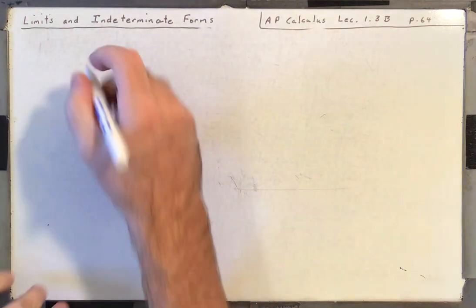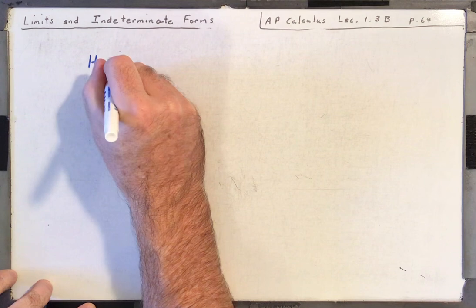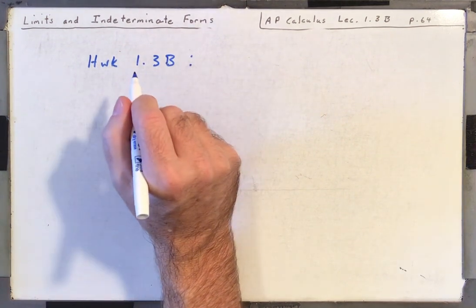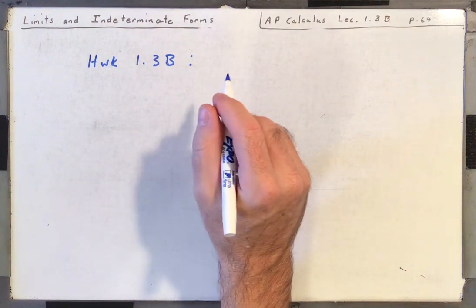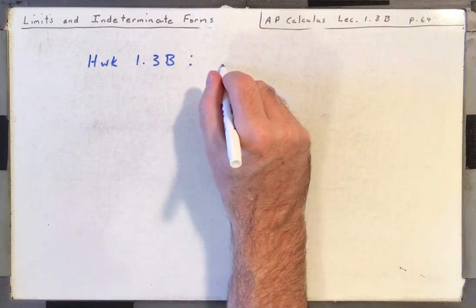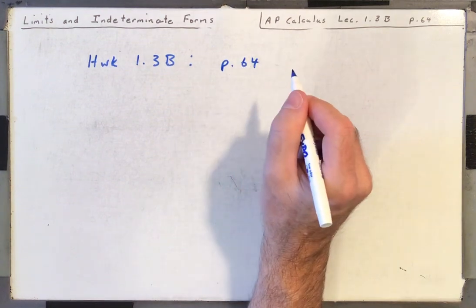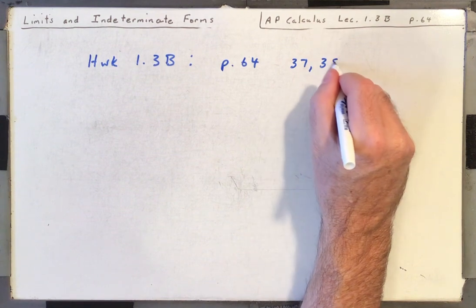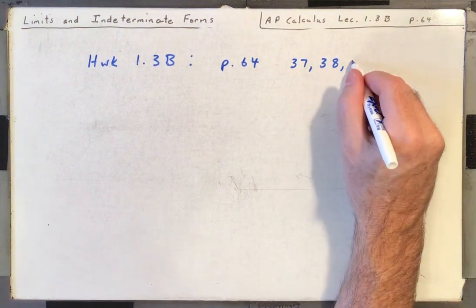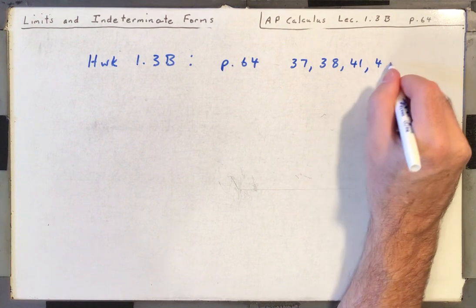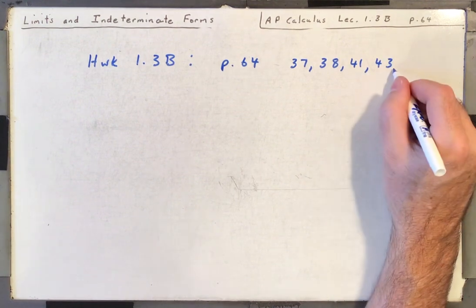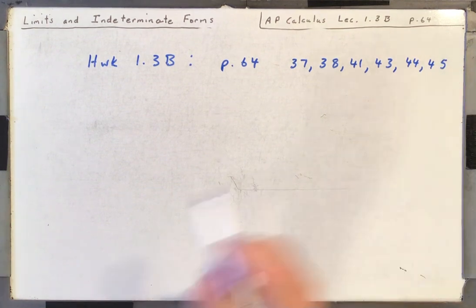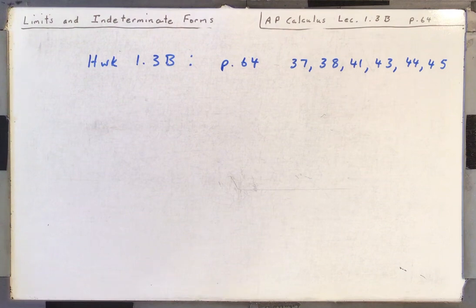So the homework for section 1.3b is page 64, and it runs into 65 a little bit. 37, 38, 41, 43, 44, and 45. So 6 of these limit problems.